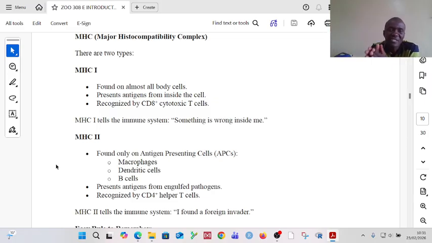Then the MHC class 1 will be recognized by cytotoxic T cells that will now destroy that cell, because by presenting antigens, it means that cell has been infected. So the cytotoxic T cells will now try to destroy that infected cell.